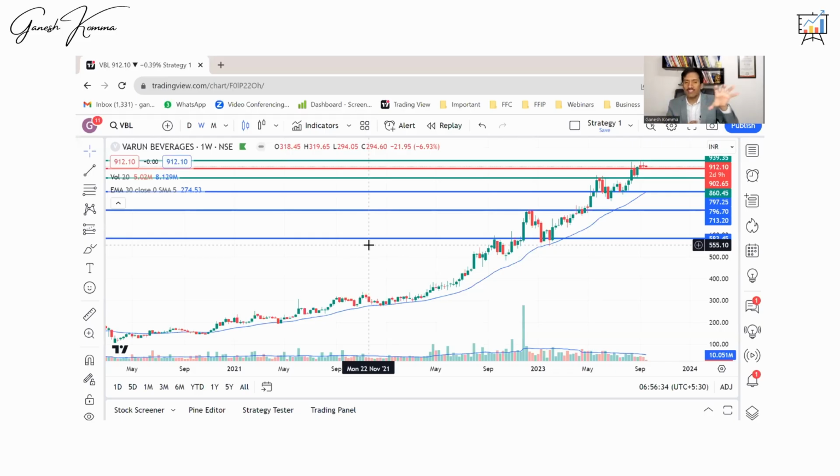If I have invested 6,000 into the stock, 6% of my portfolio, maybe I'll bring it down to 4%. I'll exit 2% and reinvest into a better opportunity. So below EMA 30, it's better you reduce your position or exit. And it's not that you forget about that stock. Once it is moving above its EMA 30, you can further enter.